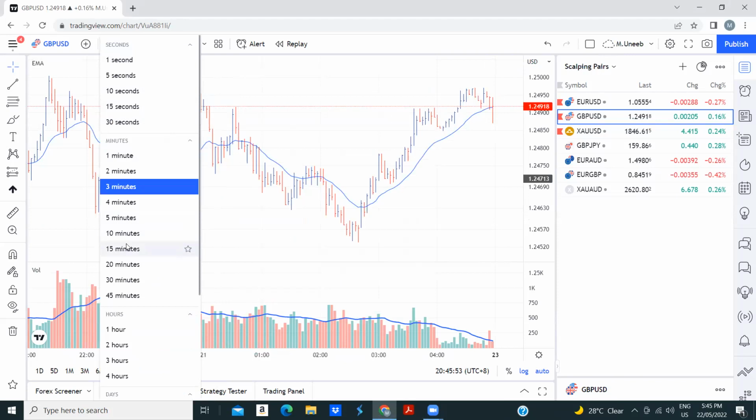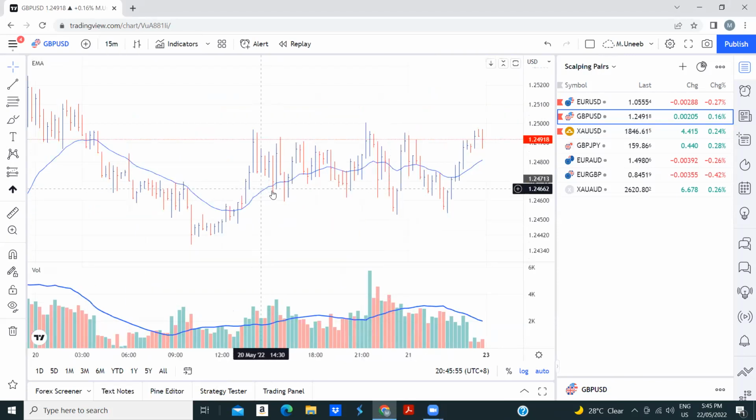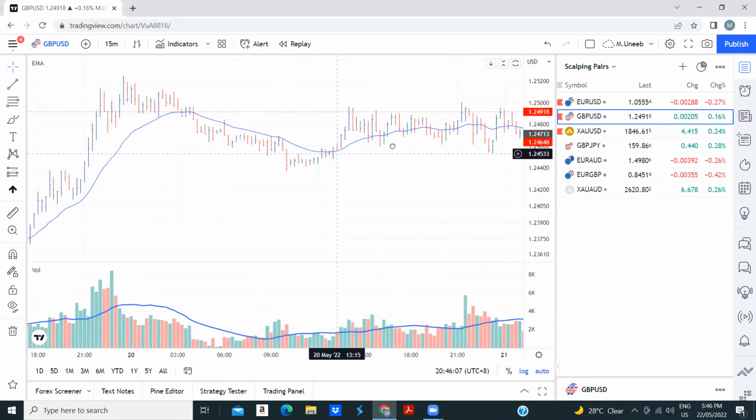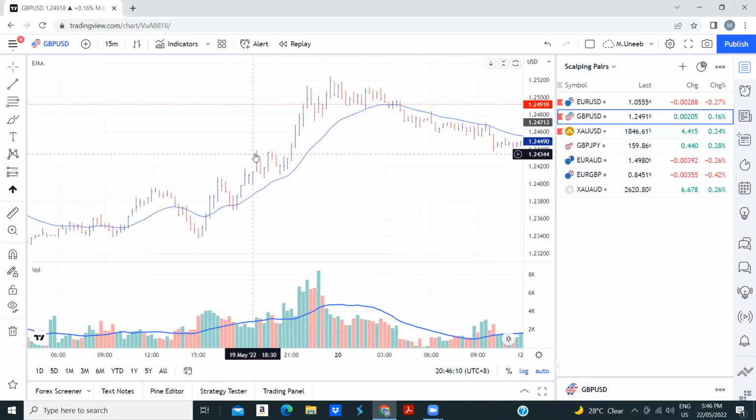On the 15-minute time frame, we already analyzed this one, right? This is 20 May, and 21 May. So let's go for 20 May. This is 20 May, Friday, so 19 May. Let's go for 19 May.